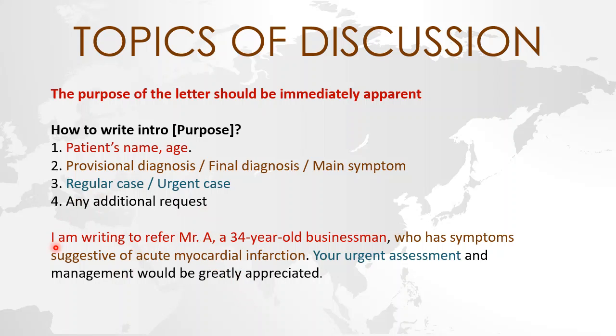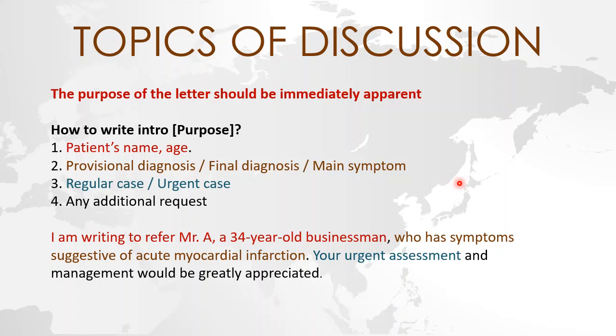Here is an example: I am writing to refer Mr. A, a 34-year-old businessman, who has symptoms suggestive of acute myocardial infarction. Your urgent assessment and management would be greatly appreciated.